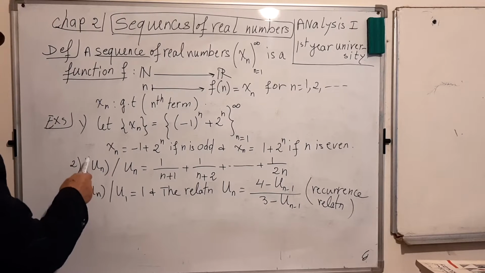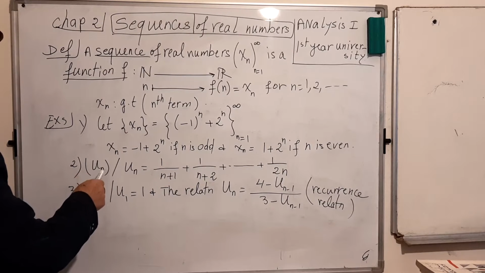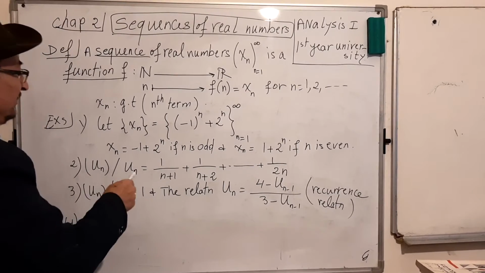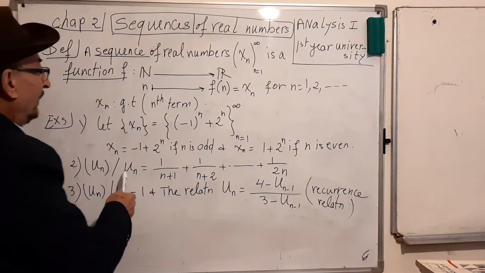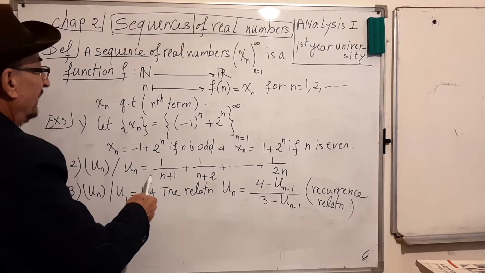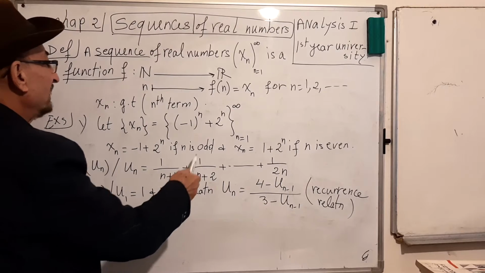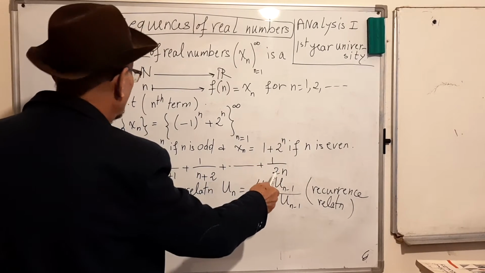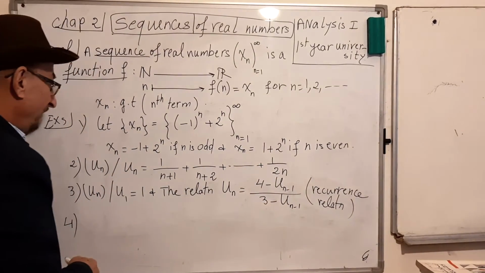Example 2, consider the sequence un of real numbers such that un equals, in terms of n, 1 over n plus 1, plus 1 over n plus 2, plus etc., plus 1 over n plus n.